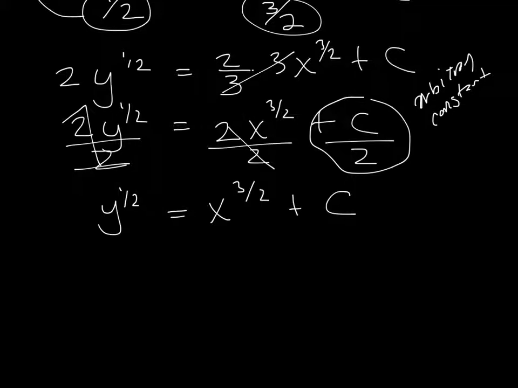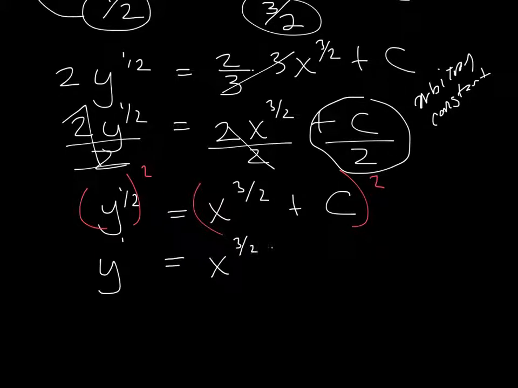I'm going to square both sides. Why square both sides? Because I want to isolate y, and 1/2 times 2 is just 1. This gives us y to the first power, and we have x to the 3/2 plus c, all squared.